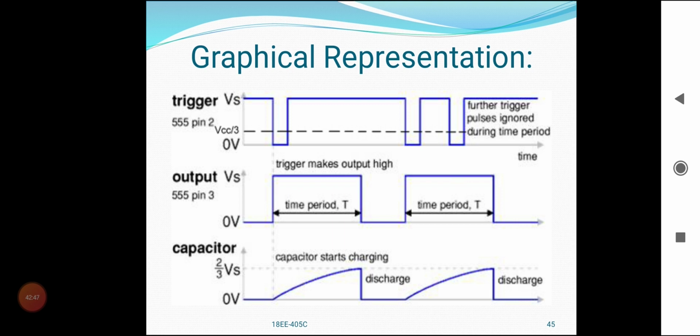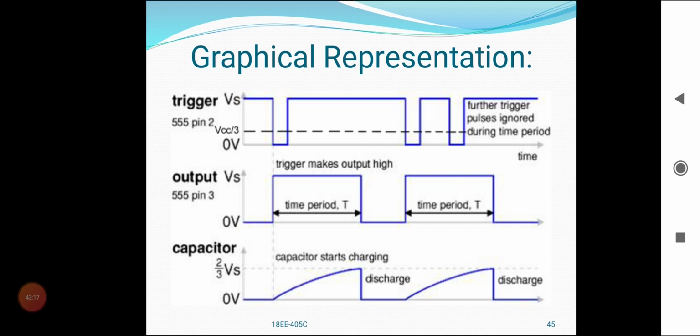When it crosses VCC by 3, the output jumps from low to high. After a predetermined time constant, when the capacitor charges to 2 by 3rd VCC, the output automatically jumps from high to low. Now the capacitor is discharging.